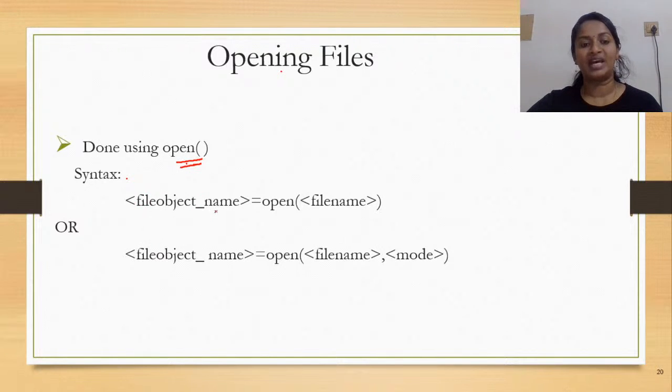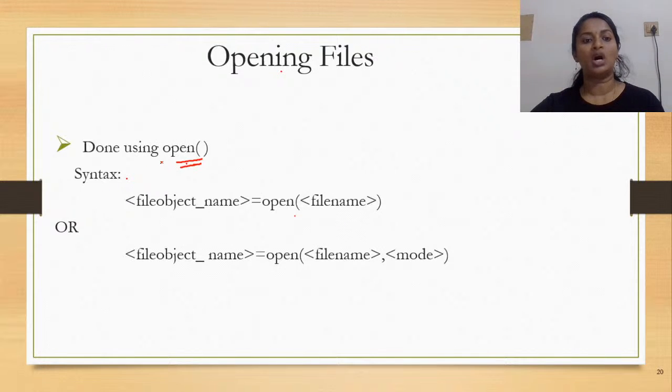You have the file object name is equal to open, where open is the keyword, and inside the function bracket you would include the file name. Whatever is enclosed between angle brackets has to be written by the user or the programmer. Is the idea clear?